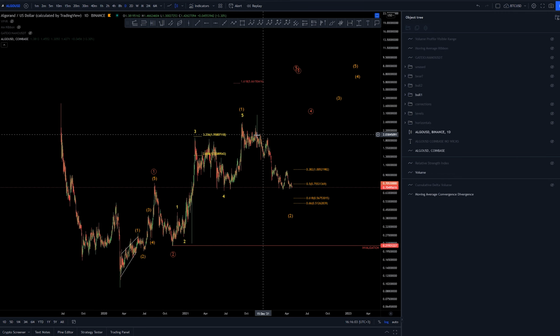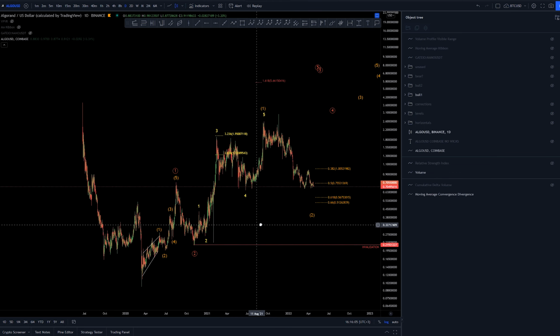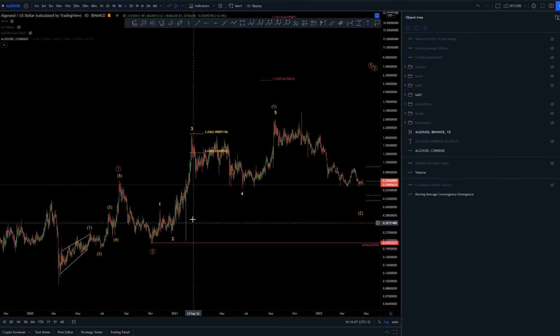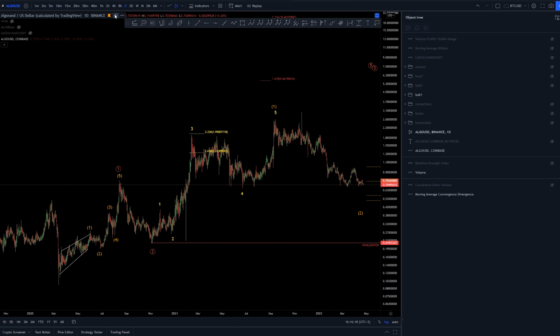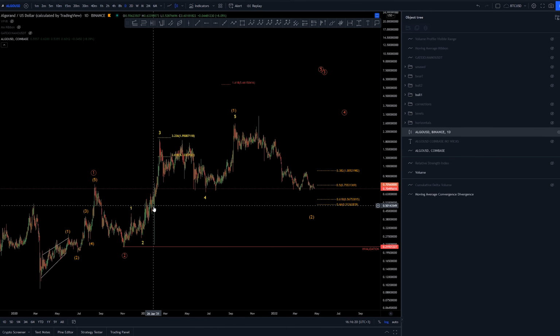But this was a bit problematic here. Now there's a wick here on the Binance chart on January 29th, 2021, but it is not there on other exchanges, for example here that I have on Coinbase. So I'm going to ignore that one.